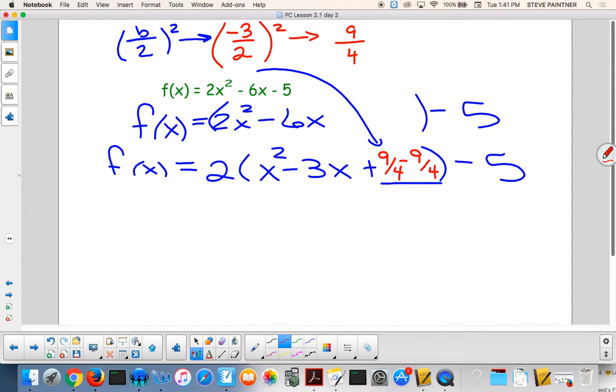Now kick out the extra 9/4. So you're going to get 2 times this minus this plus this. But when you kick this out, guys, there's a problem. And what's the problem?